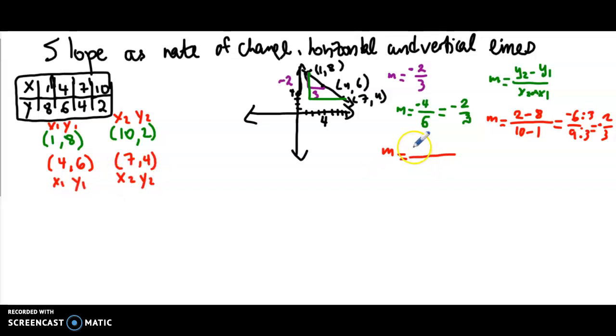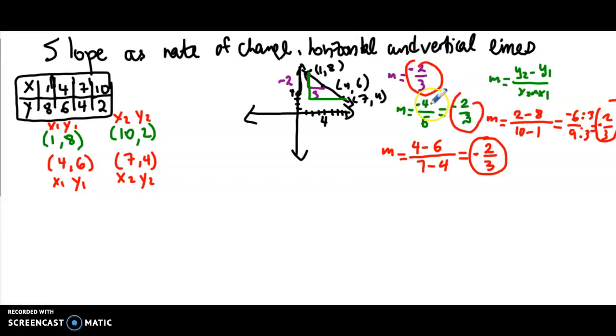So I'm starting my substitution. y2 is 4, minus y1, which is 6. x2 is 7, minus x1, which is 4. 4 minus 6 is -2, and 7 minus 4 is 3. So there you have it again, -2/3.